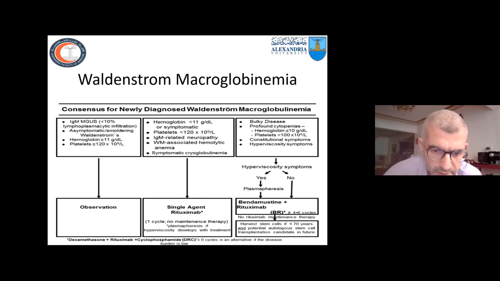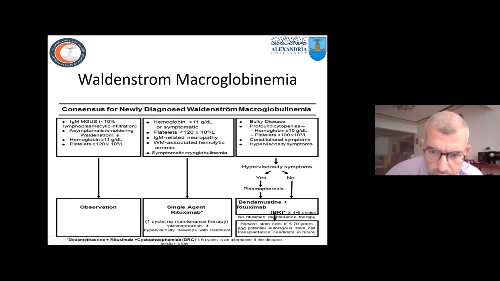It's a B cell aplasia therapy, or do, of course, plasmapheresis to relieve the cryoglobulinemia, or the patient is having a bulky disease or profound cytopenias or hyperviscosity symptoms.